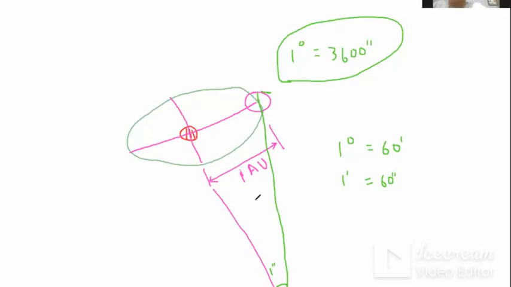So for calculating parsec, this is the semi-major axis. From the semi-major axis you draw 2 lines, and these 2 lines finally intersect and make an angle of 1 second.